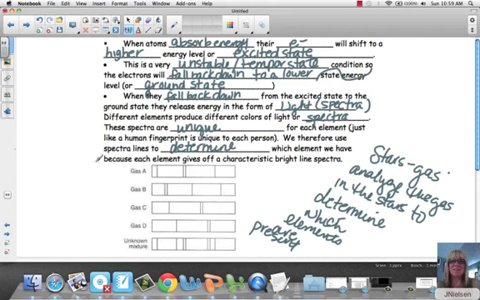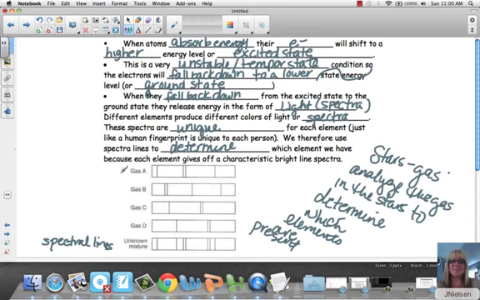Here's an example of how it might be presented on an exam. So you have this unknown mixture, and these are called spectral lines. And we can compare this to known samples. So these are the spectral lines for gas A, gas B, C, and D. In order for the gas to be present in the unknown, all of its spectral lines must match up.